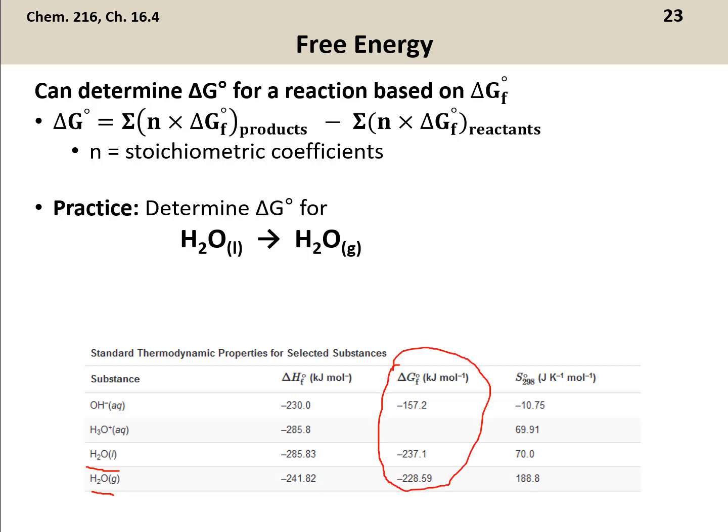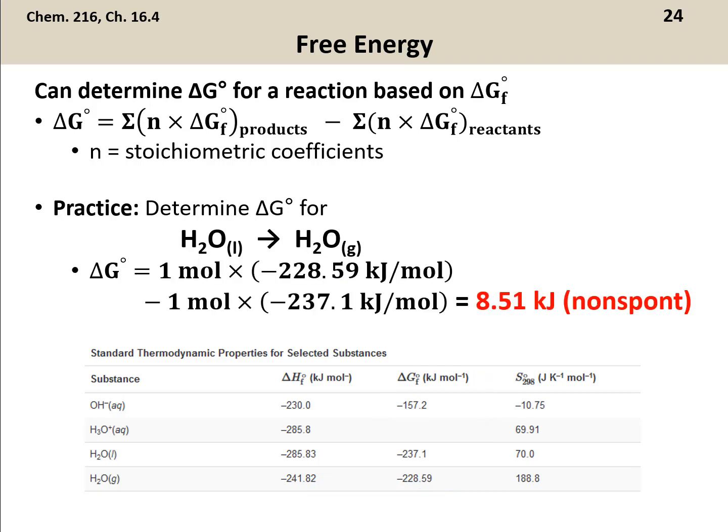So I'm going to start off by doing delta G equals my delta GF for my gas, my product first, negative 228.59 kilojoules per mole, minus the delta GF for the liquid, negative 237.1 kilojoules per mole.